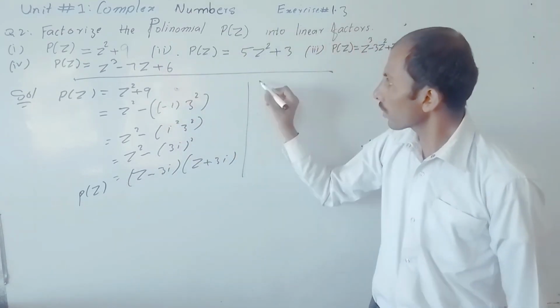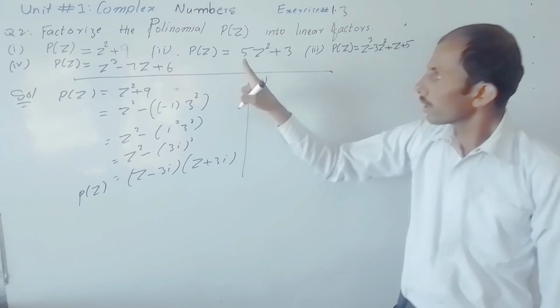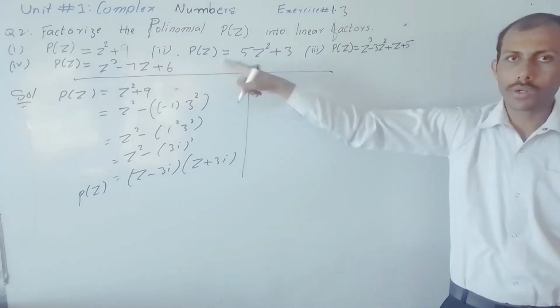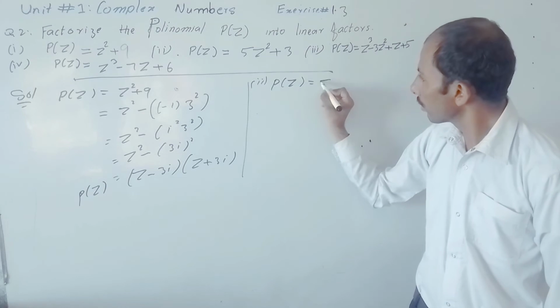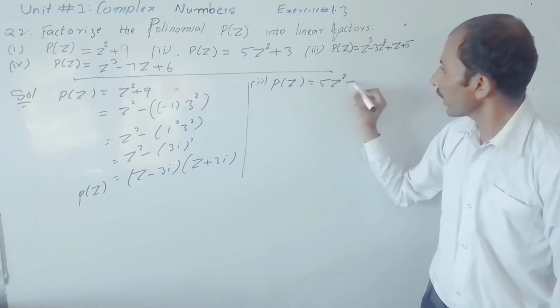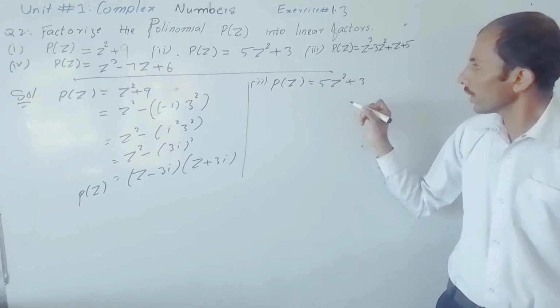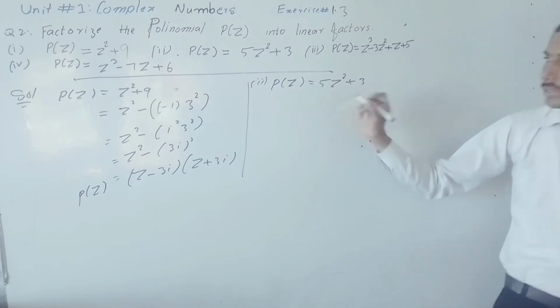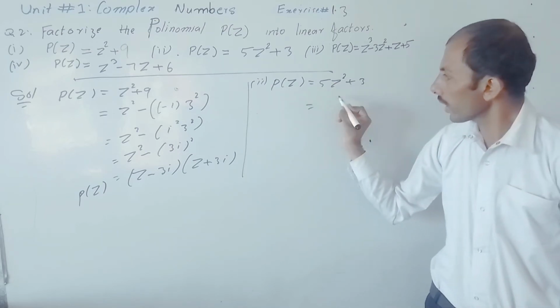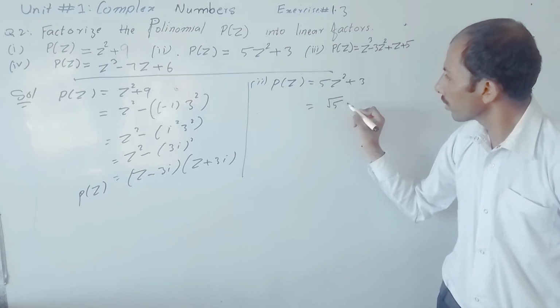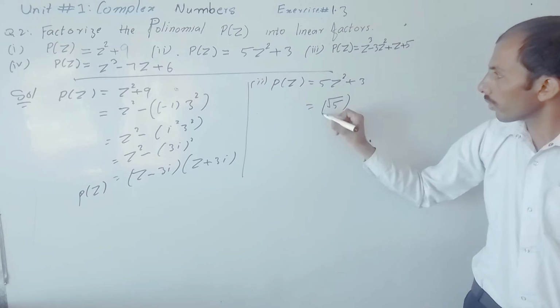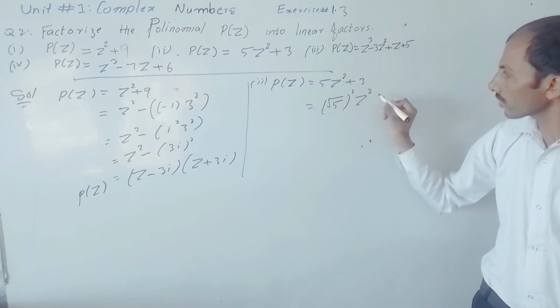Next, part number 2, p of z is equal to 5z square plus 3. So next, 5 can also be written in the form of under root of 5 whole square z square.